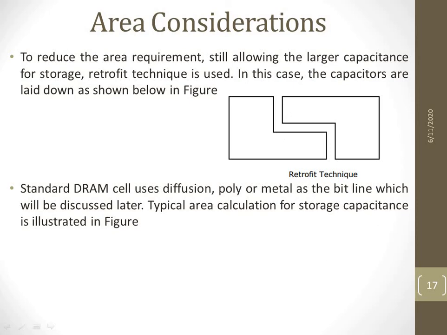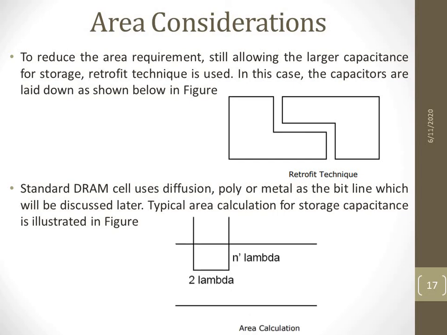Standard DRAM cell uses diffusion, polysilicon or metal as the bit line, which will be discussed later. Typical area calculation for storage capacitance is shown in the figure you can see here.